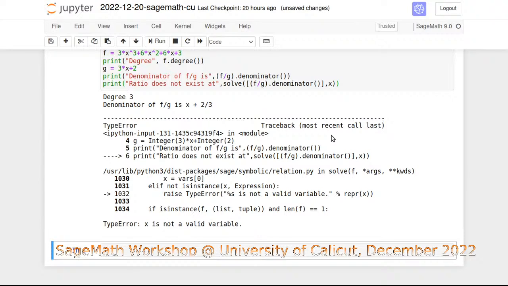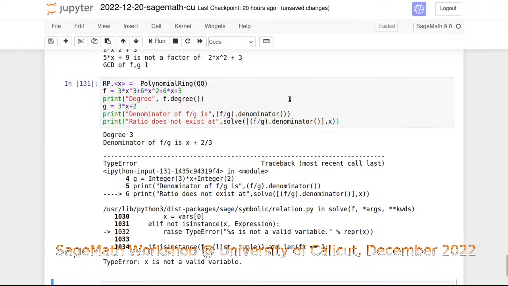Sir, can you write that denominator within the bracket, the x variable? I think it is taking it as not a function. Sorry? That solve and their denominator, and within the first bracket, if we can write x, because previously we also had this sort of problem.